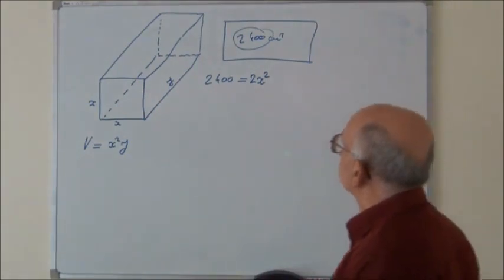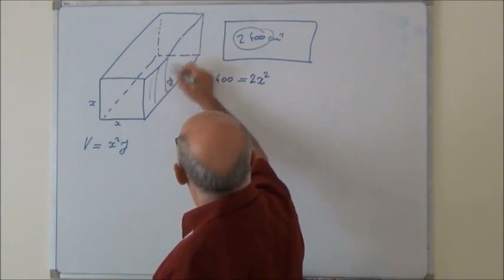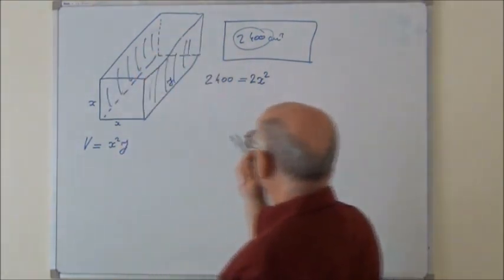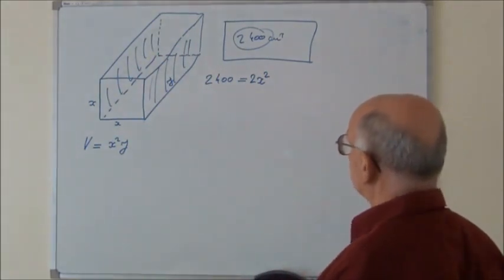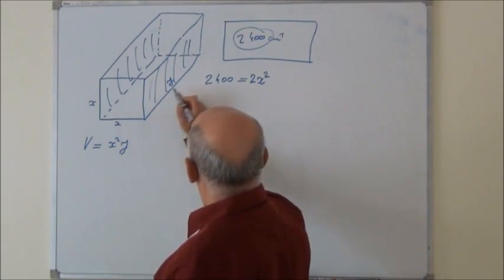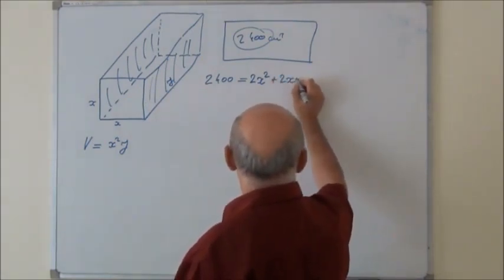Also we have this side and that side, they are the same, and the area of each is x multiplied by y, and there are 2 of them.